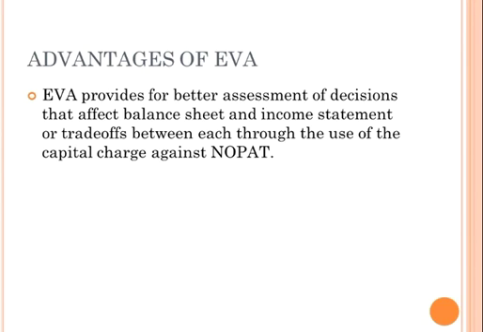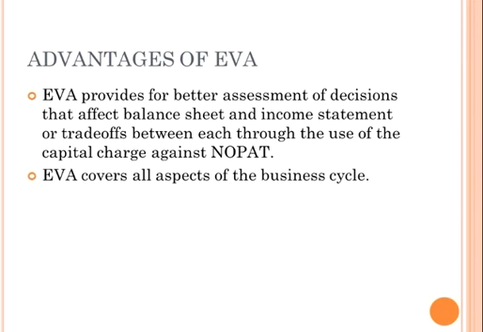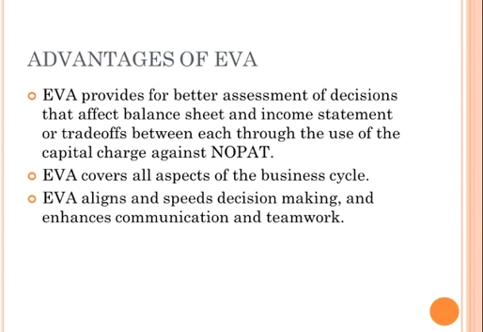That's the way my economic value added starts coming positive. Not only this, we have one benefit, cost; second benefit, assessment; next, EVA covers all aspects of the business cycle. So economic value added can be calculated or assessed at any point of the economic cycle. Moreover, it helps with speedy decision making.